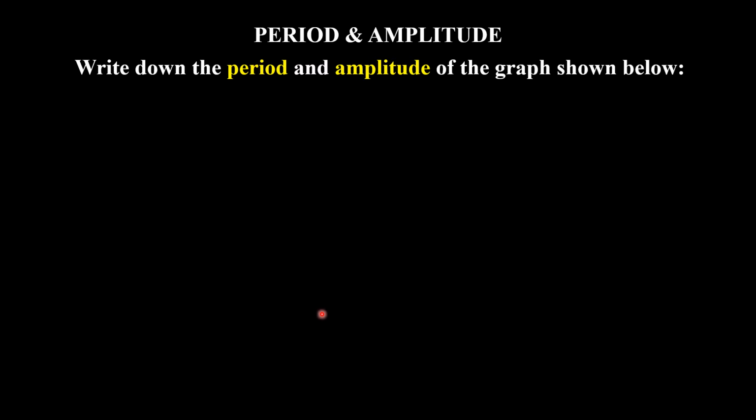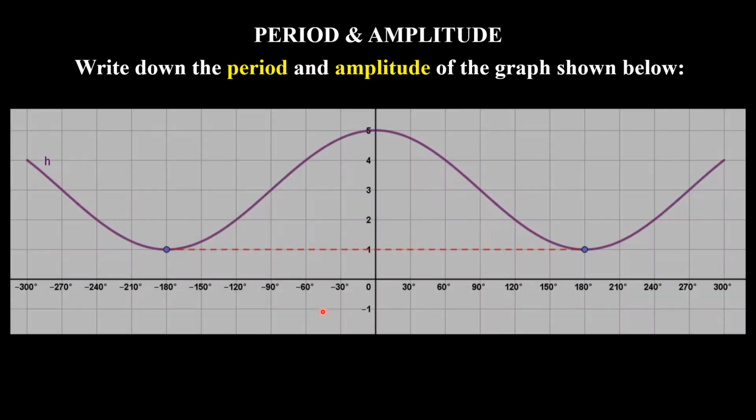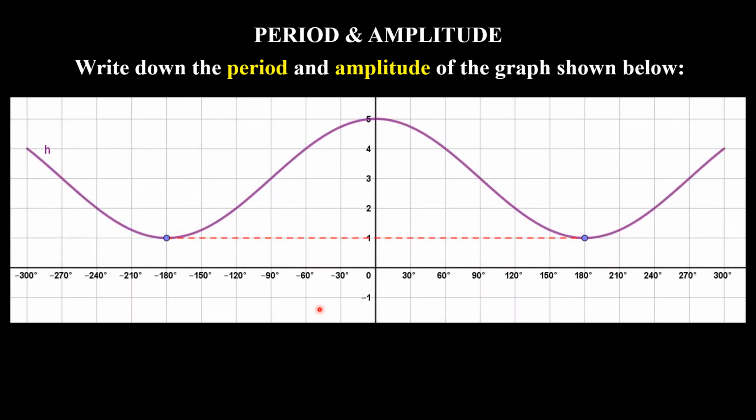We know how to write the period and how to write the amplitude. Now here it is not the case. We do not have any idea about the equation. Look at the graph. The graph of h is available. Write down the period and amplitude.